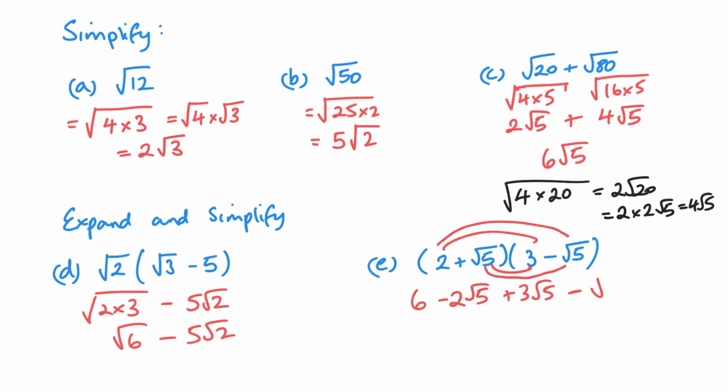So it's negative root, and I won't jump too many steps, it's 5 times 5 when you put it together. 5 times 5 is 25, and the square root of that is just 5. So we got 6 plus 1 root 5 minus 5. So we got 1 plus root 5 as my simplified answer there.